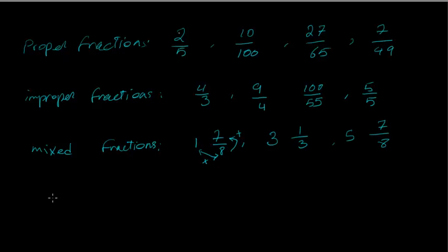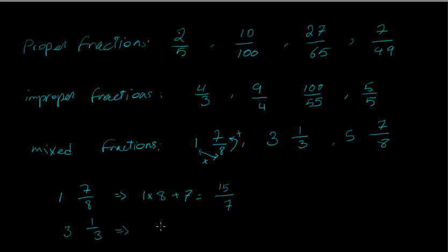Let's say we have 1 and 7 over 8. In order to make it a simple fraction, we first multiply the whole number by the denominator and then add it to the numerator, which would be 15 over 7, which is an improper fraction since the numerator is larger than the denominator. For the next example, let's say we have 3 and 1/3 of something.